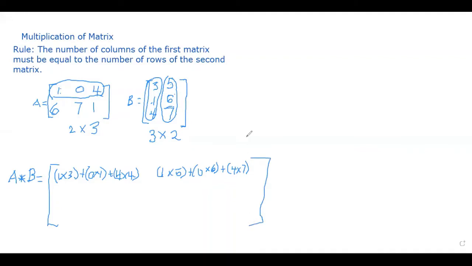You perform the same thing for the rest. So we are done with the first row. Let's take the second row and drop it on them: 6 by 3, plus 7 by 1, plus 1 by 4.